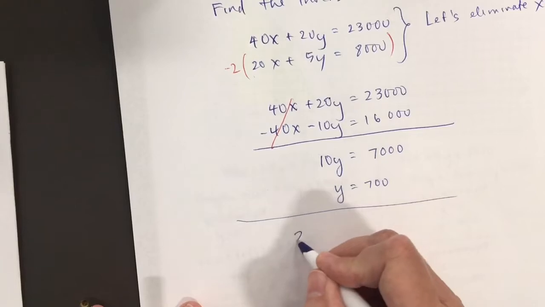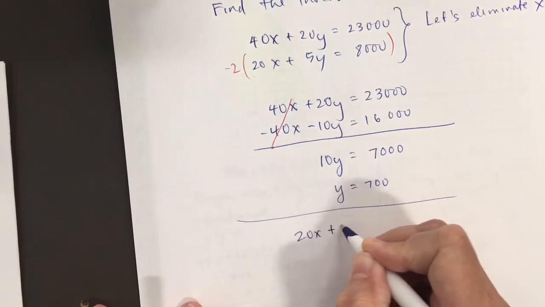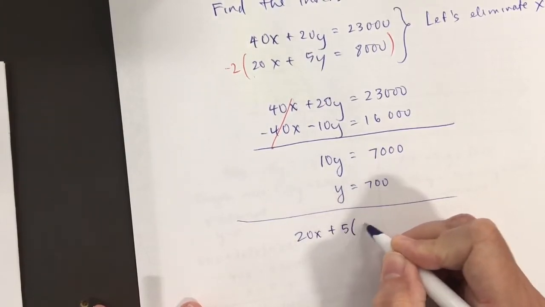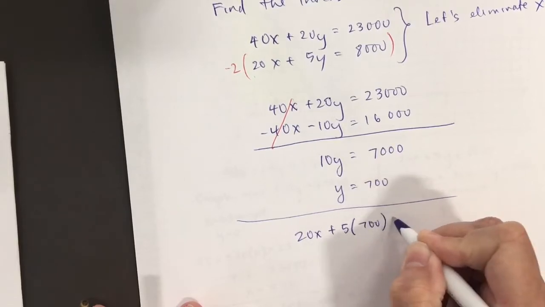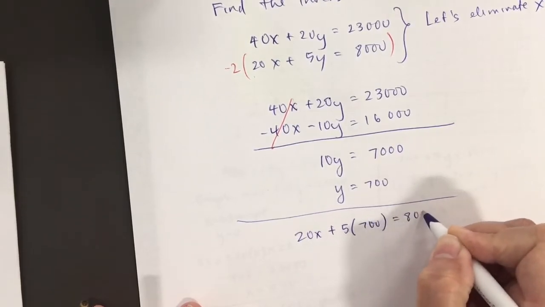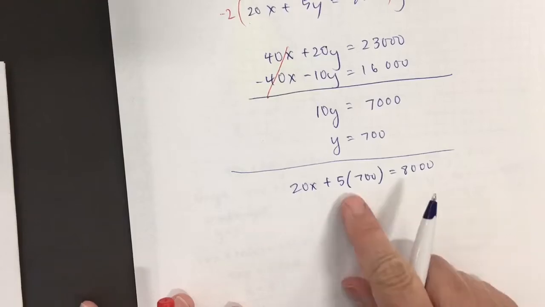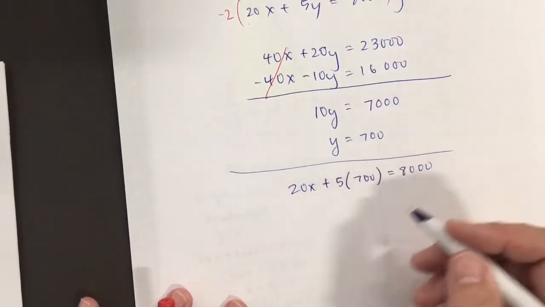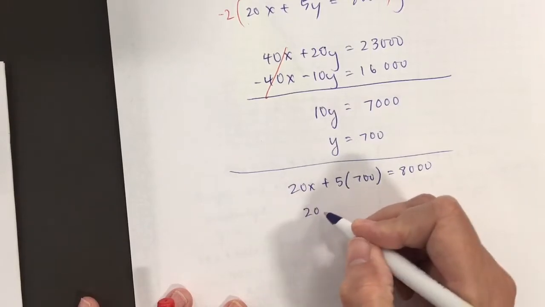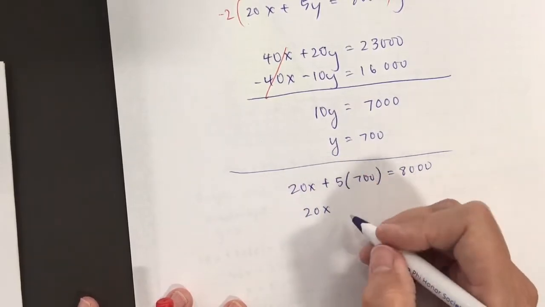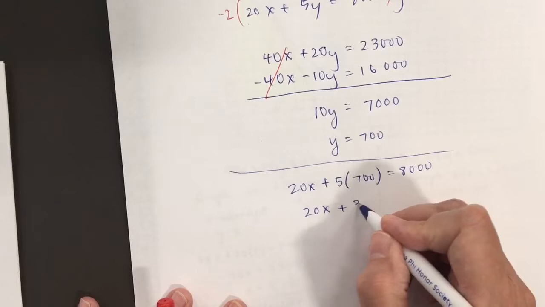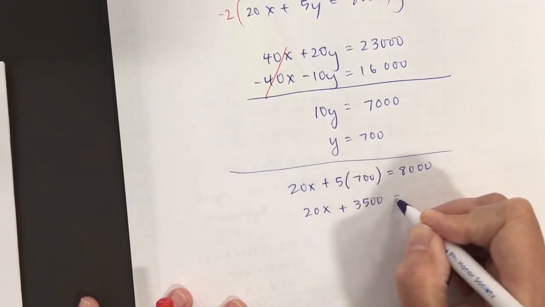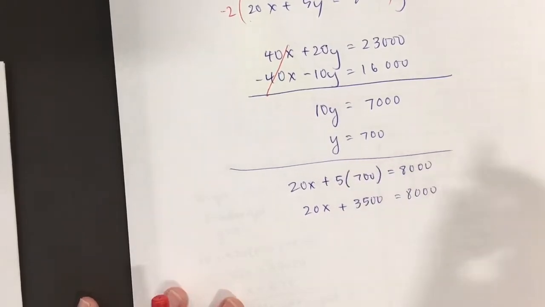So I'll use 20x, before I multiply by -2, 20x plus 5 times 700 equals 8,000. 5 times 700 is 3,500. 20x plus 3,500 equals 8,000.